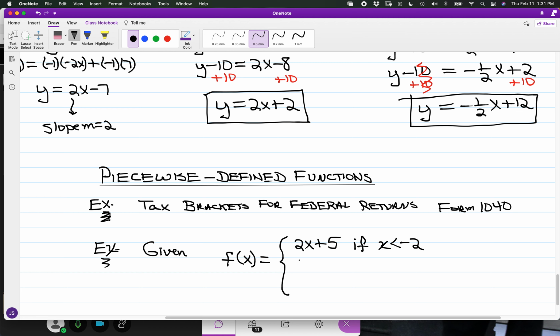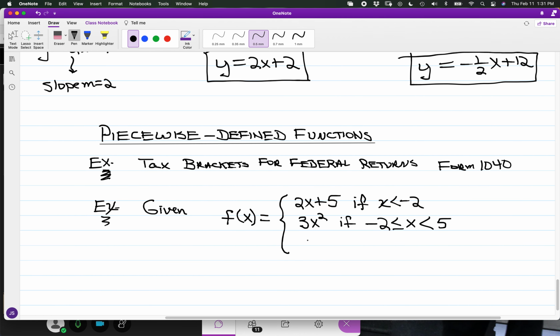Also, we have that f of x is equal to 3x squared if negative 2 is less than or equal to x, which in turn is less than 5. And then we could say that f of x is equal to 3x plus 4 if we have that x is greater than or equal to 5.